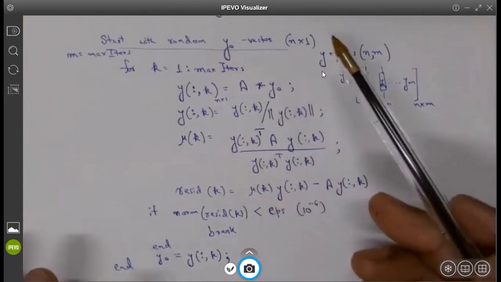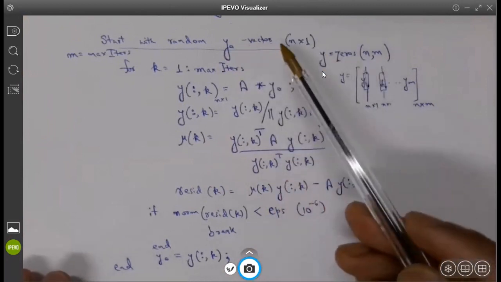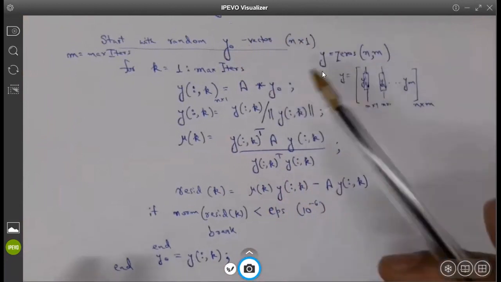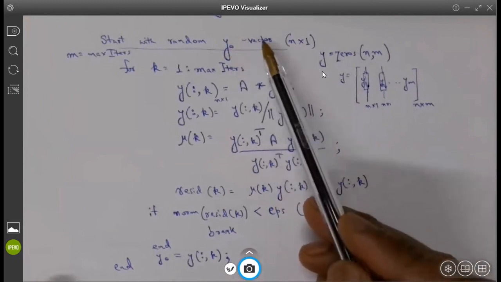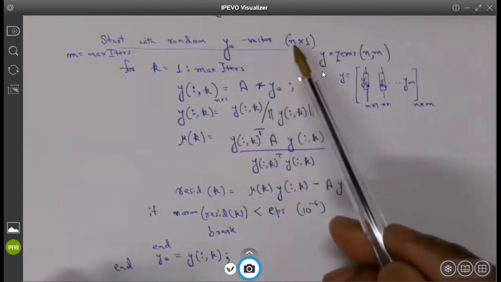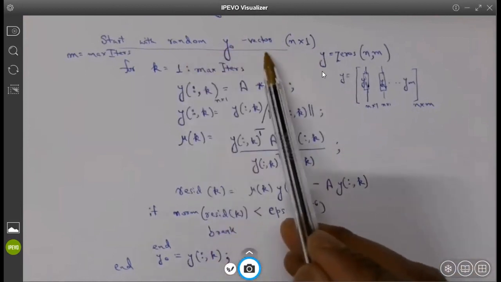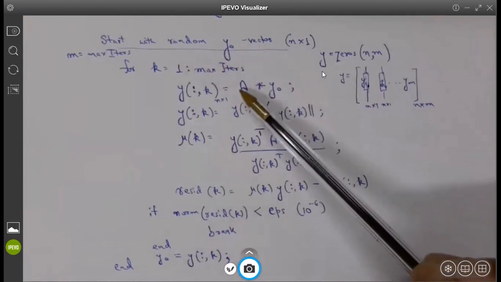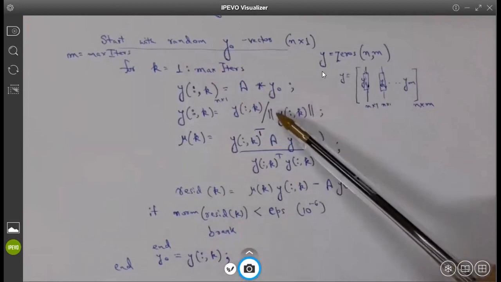It can be any vector, such as uniformly distributed numbers from 0 to 1, or whatever selection you would like to make. It is an n-dimensional vector which is non-zero. It should not be that all the elements are zero. That's what you have to take into consideration. So assuming that you got the random vector, I'm just multiplying this random vector with matrix A. Then I'm normalizing it such that it has a unit norm.